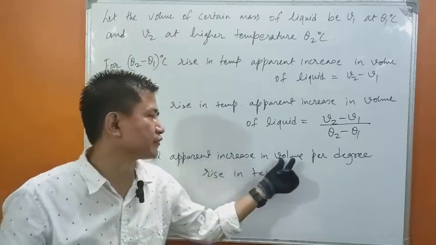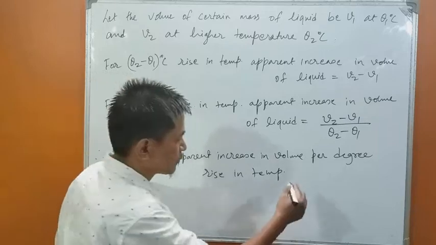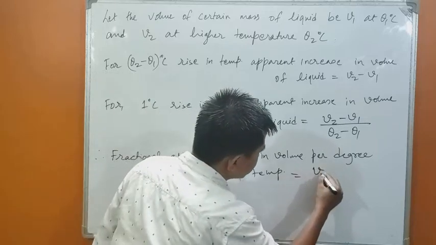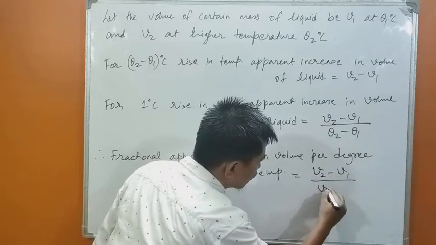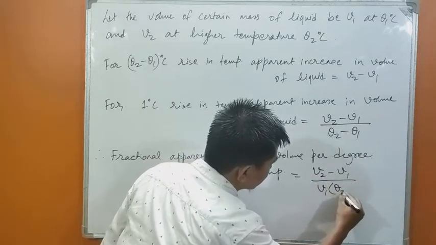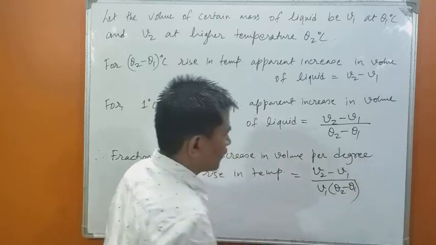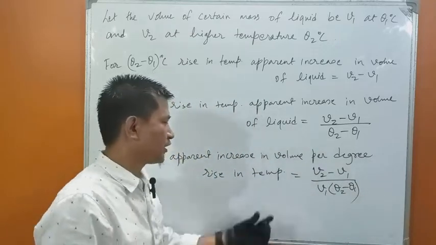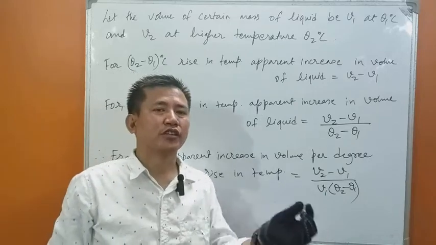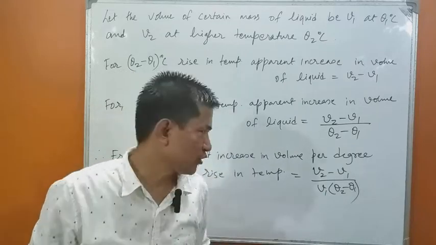Fractional apparent increase in volume per degree rise in temperature equal to V2 minus V1. Fractional means increased volume divided by original volume. Per degree means theta 2 minus theta 1, isn't it? V2 minus V1 by V1 into theta 2 minus theta 1. Okay, this is the definition of coefficient of apparent expansion of liquid.